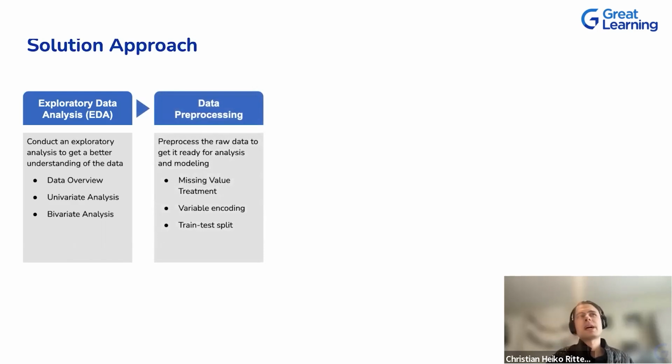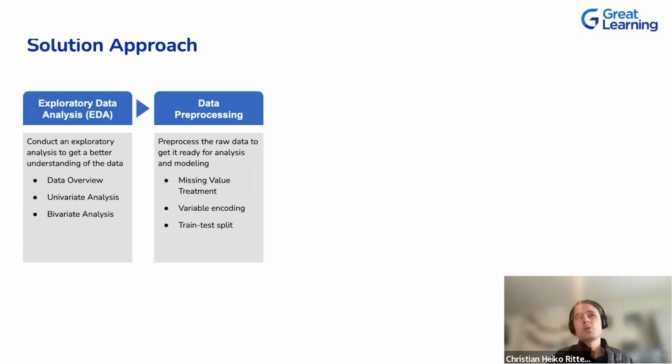And once this is done, you can make choices about how you change your raw data, and that the raw data might have flaws such as missing values, and you want to impute those missing values.